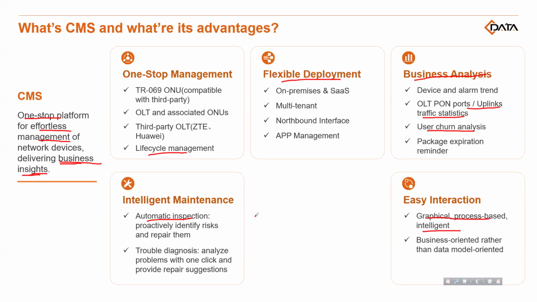Let me give you an example. After we create a task that checks the Wi-Fi signal with a certain frequency, if one device's signal is weak, we will switch it to the best channel automatically, without the customer noticing any issues. It's really dramatic.